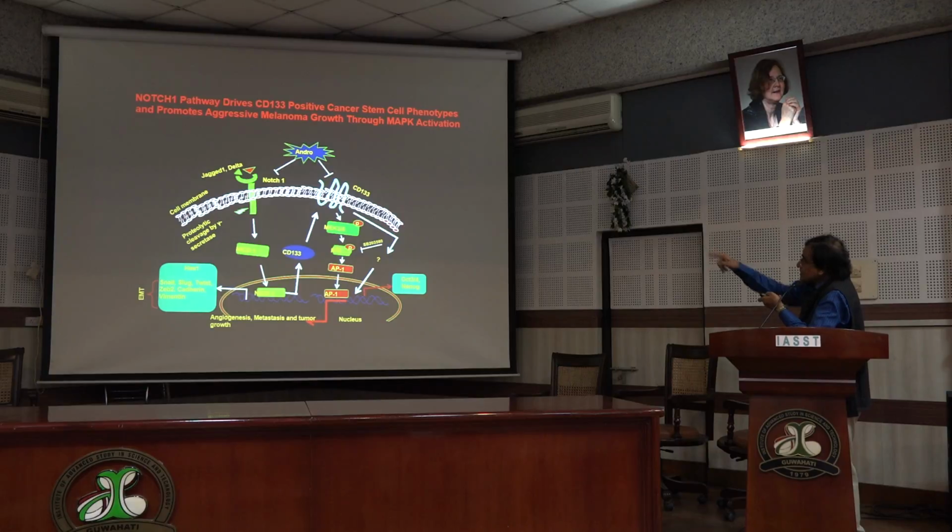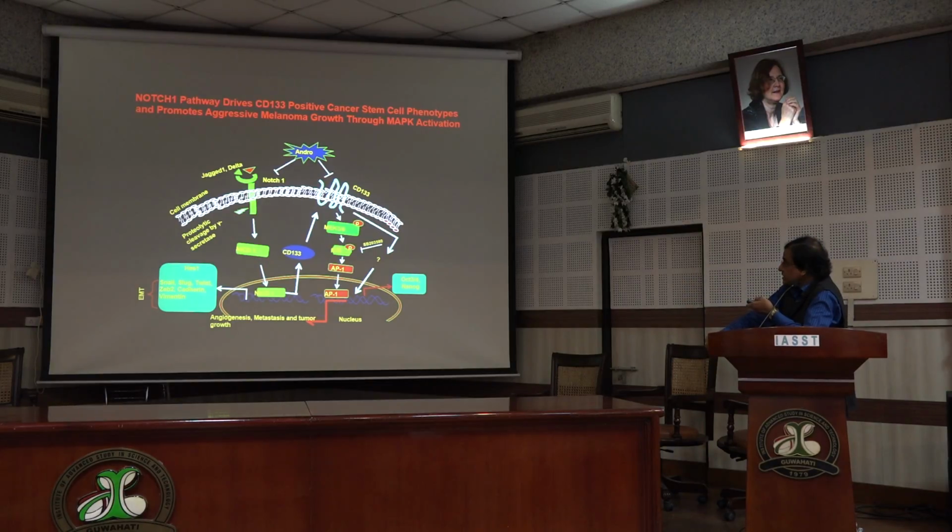This CD133 controls the MAP kinase activation pathway, for which I have not shown you the data because of lack of time. Basically, it regulates MEK3/6 activation followed by p38-dependent AP1 transcription factor activation, and that regulates many angiogenesis and metastasis specific genes like MMPs and VEGF, and that controls angiogenesis, metastasis and tumor growth in the melanoma model.